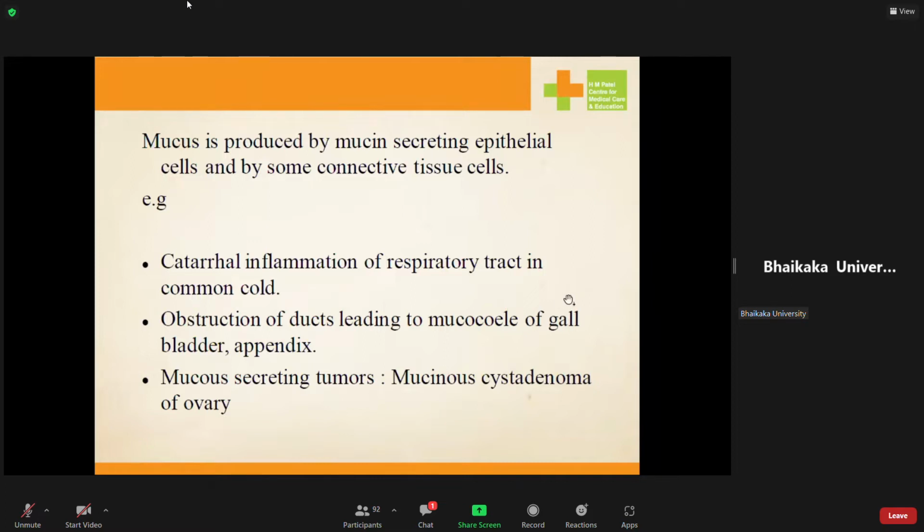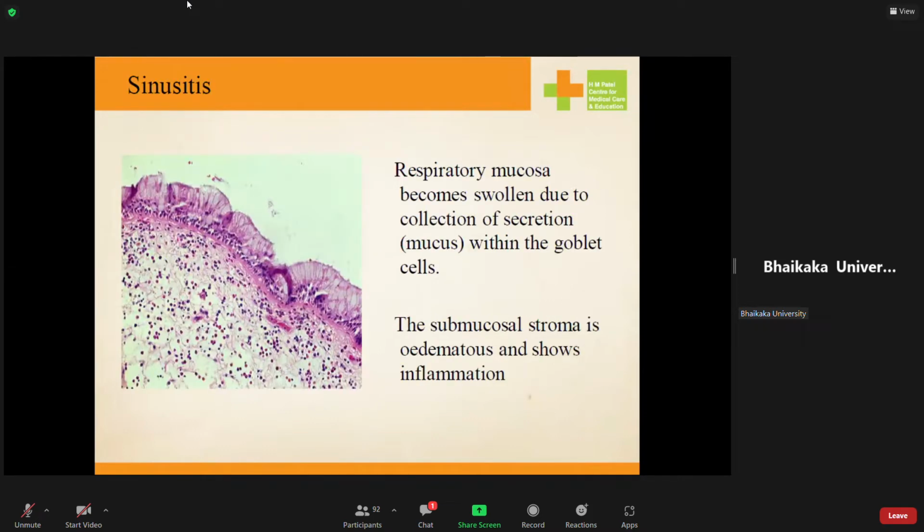Now we will see the morphological changes in sinusitis. See here, whenever sinusitis develops, the respiratory mucosa, which all of you know is a ciliated columnar epithelium with the presence of goblet cells, becomes swollen and secretes a large amount of mucus by its goblet cells.